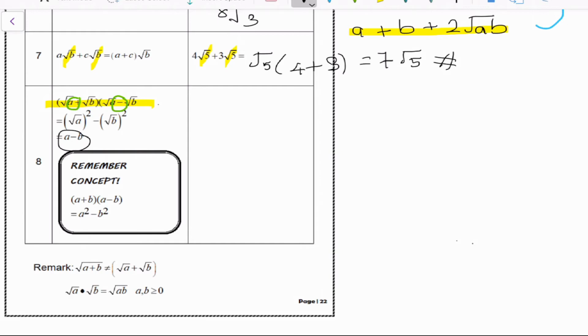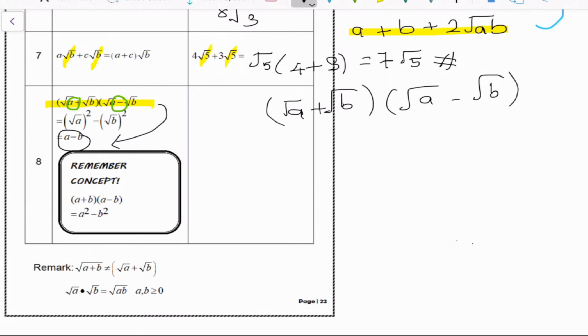So I'm going to show you the calculation in order to get A minus B. So actually you need to multiply each term. So surd A plus surd B multiply with surd A minus surd B. So multiply each term, surd A times surd A will give you A. Surd A multiply with negative surd B will give you negative surd AB.